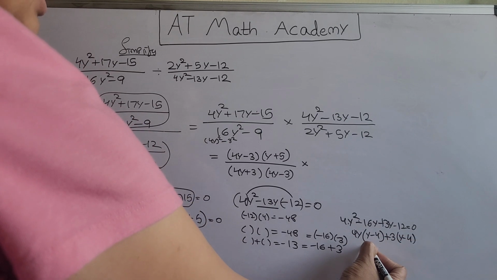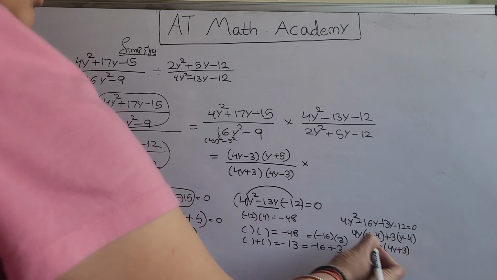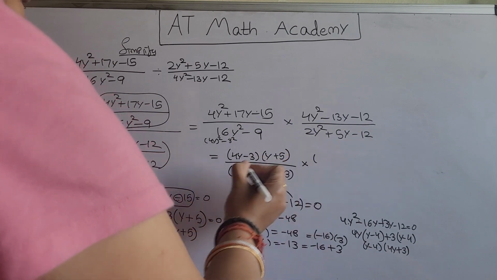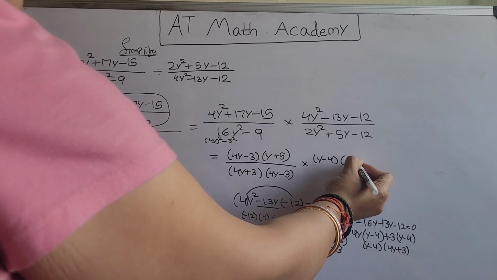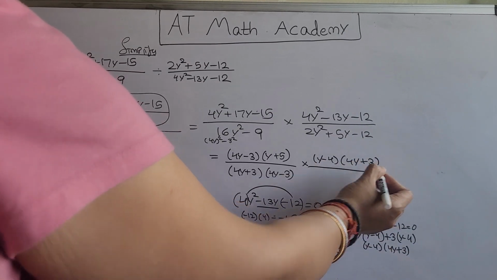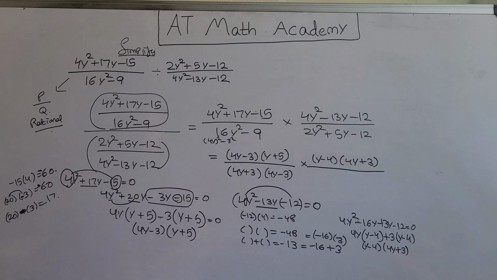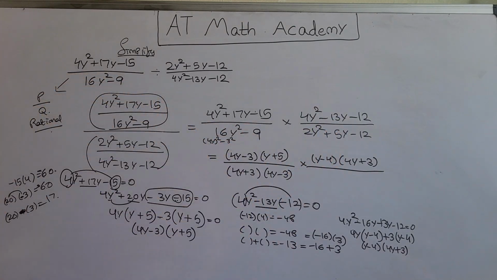So this can be written as y minus 4 into 4y plus 3. So this quadratic expression can be written as y minus 4 into 4y plus 3. Now I'm left with one more quadratic expression, which is 2y square plus 5y minus 12. We need to find the roots for that particular expression.